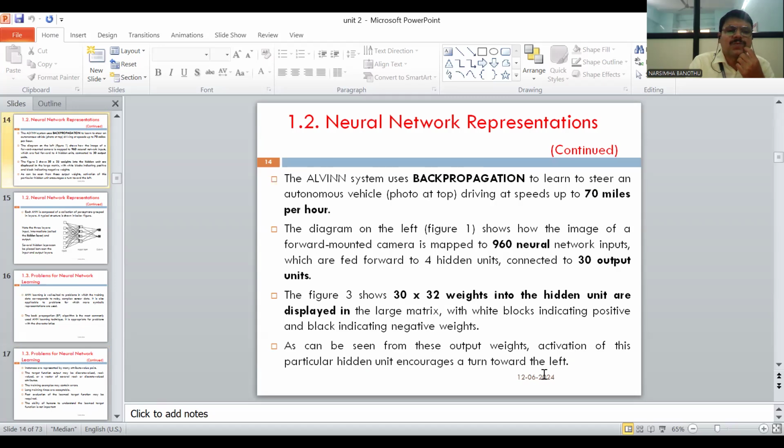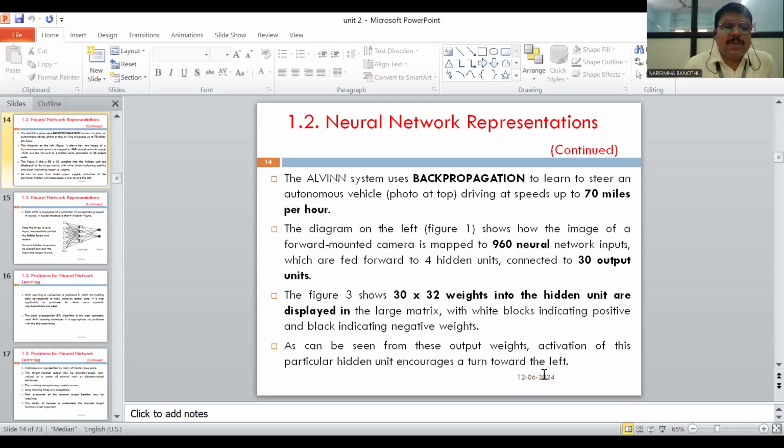The ALVINN system uses backpropagation to learn to steer an autonomous vehicle, photo at top, right? So running with speed up to 70 miles per hour. The diagram on the left side, we have already observed now, figure 1.